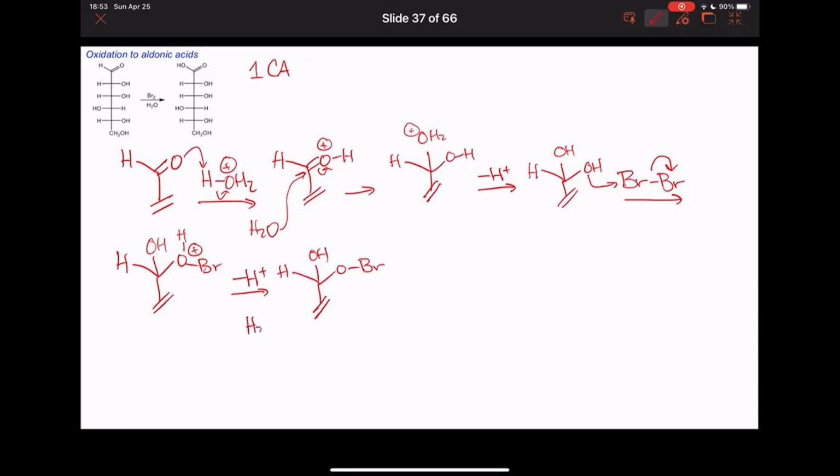And then last, one more equivalent of water comes in to deprotonate that hydrogen, swing these electrons around to form a carbonyl, and kick off your good leaving group as Br-. That will form your carboxylic acid. So using Br2 and H2O, you can oxidize your aldehyde into a carboxylic acid.